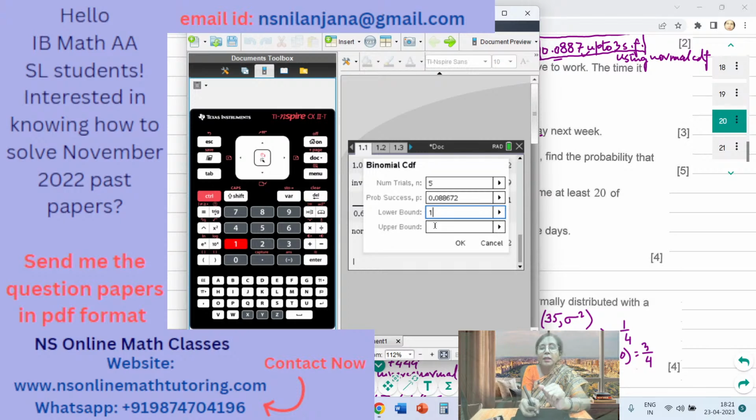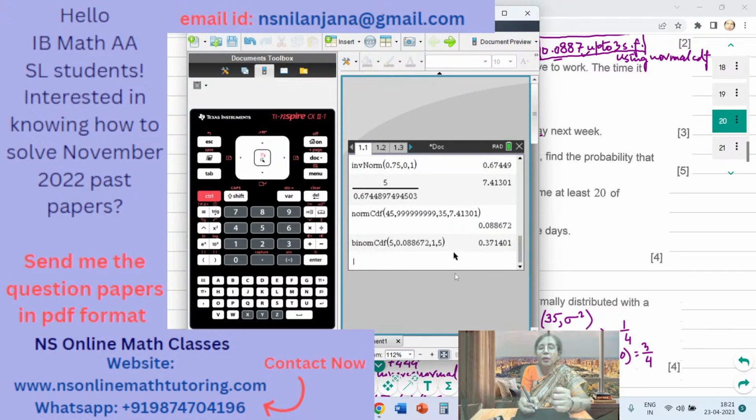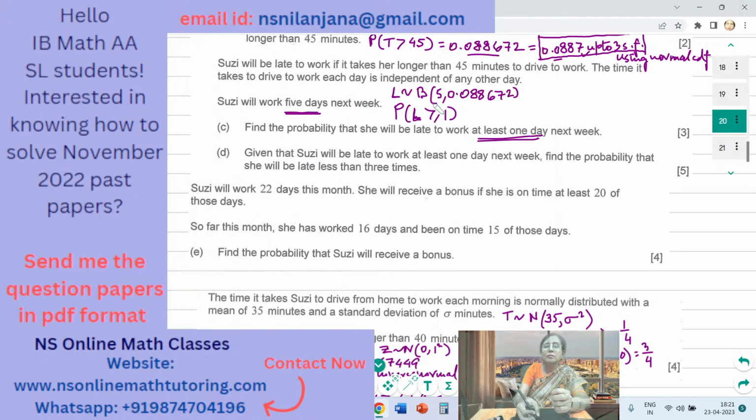Lower bound is 1 and upper bound is 5, it cannot be more than 5 because she will be going only for 5 days next week. The answer is 0.371401.